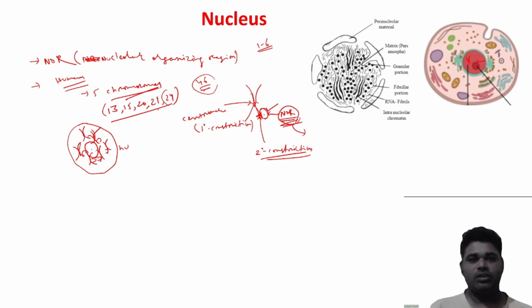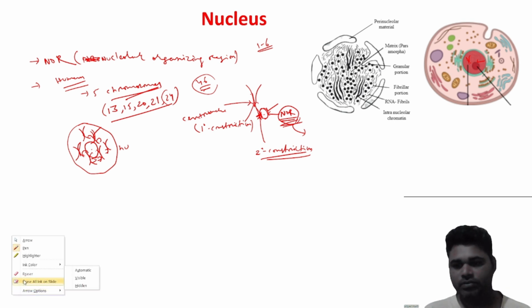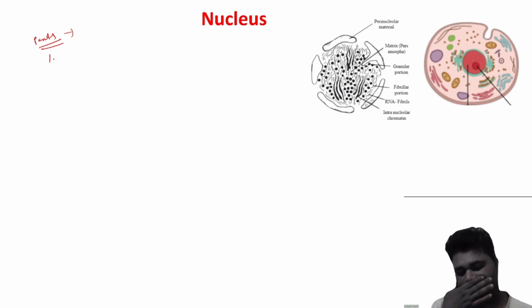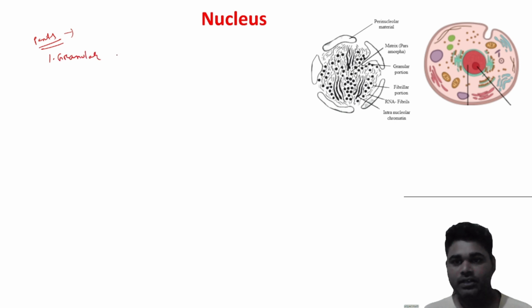Okay. So now come to the exact structure, what are the parts of the nucleolus. So there are mainly 4 parts present. One is called the granular zone. The second one is called the fibrillar zone.